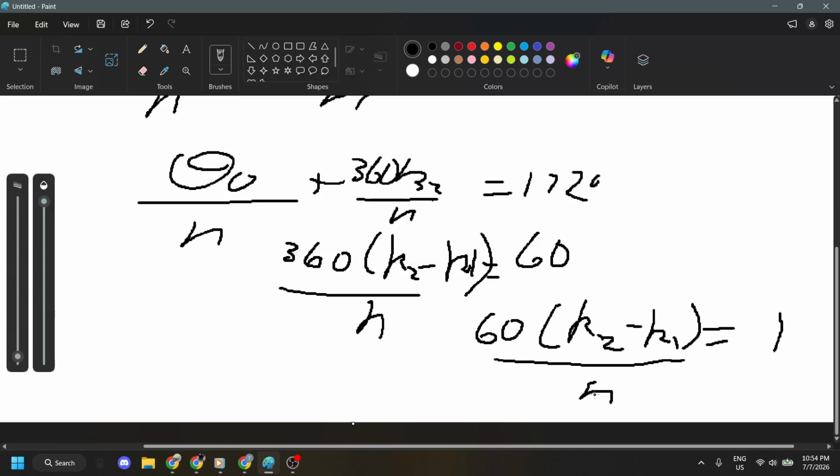So the difference in... what am I trying to say?